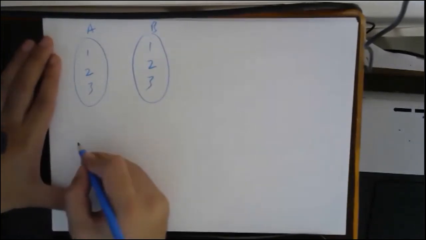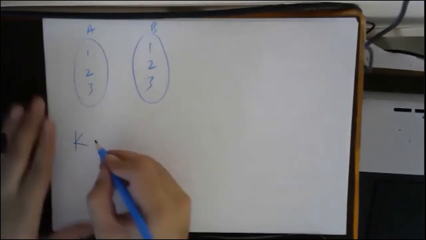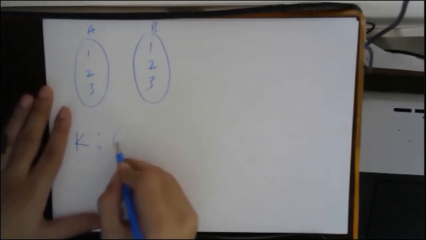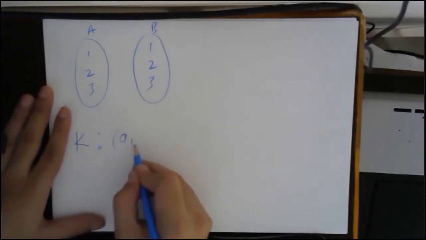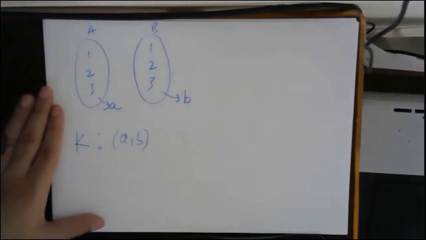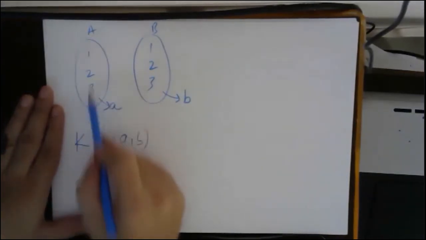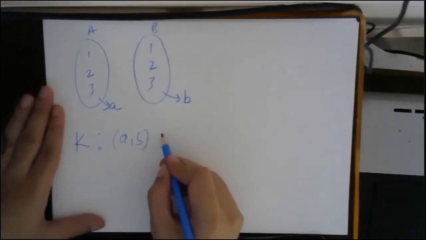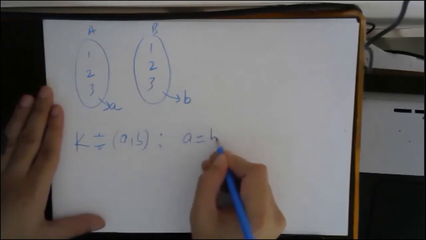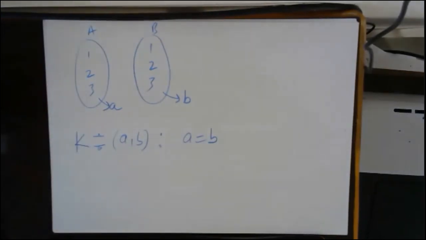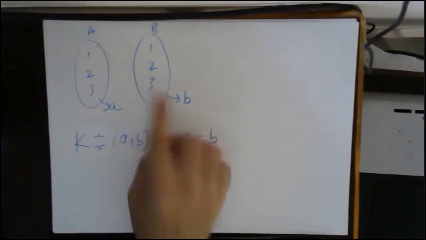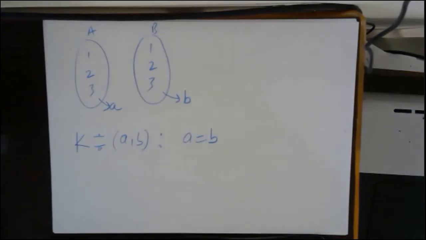I am saying there is a relation K, just a name, such that K will have elements A comma B, where A is from set A and B is from set B, such that A is equal to B. You have to link elements of A to B such that A is equal to B.